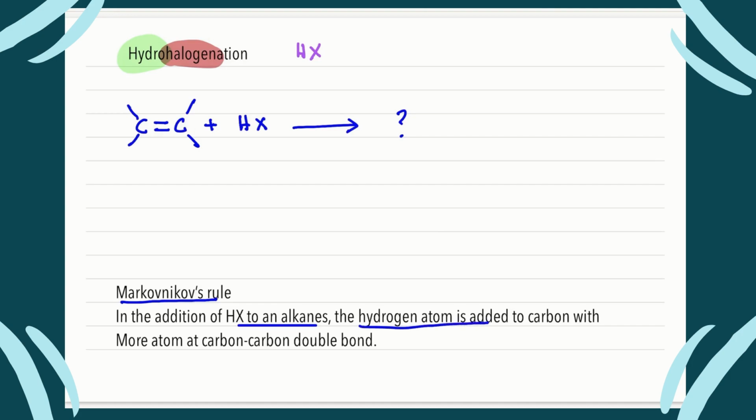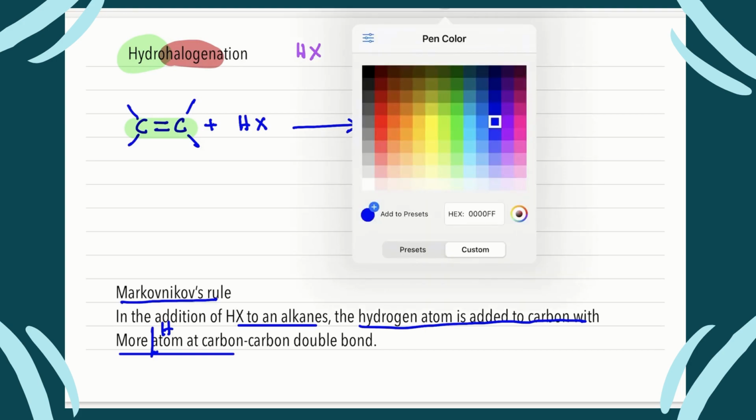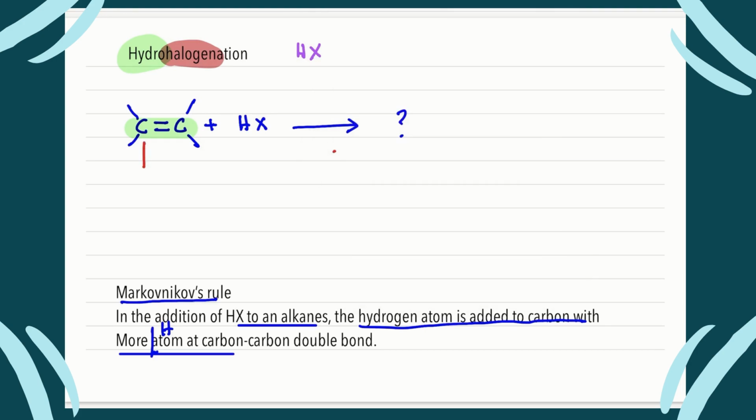The hydrogen atom is added to the carbon with more hydrogen atoms at the carbon double bond. Now let's focus on our functional group, which is the carbon double bond. We have two carbons, this carbon and this carbon.